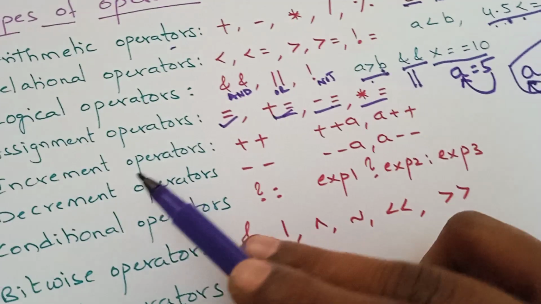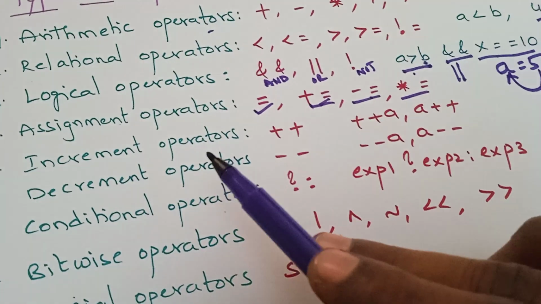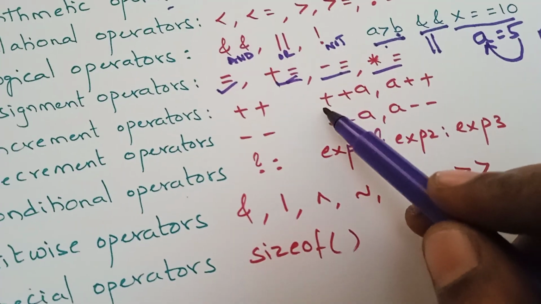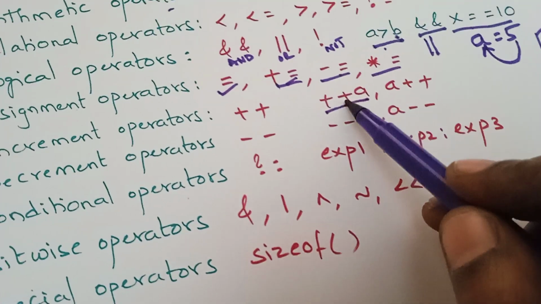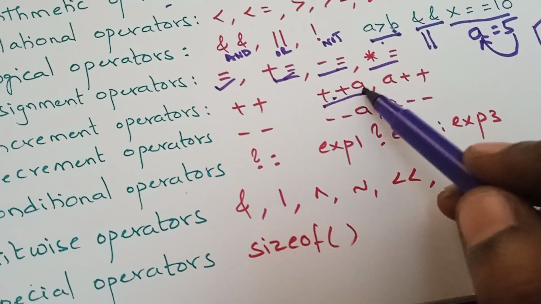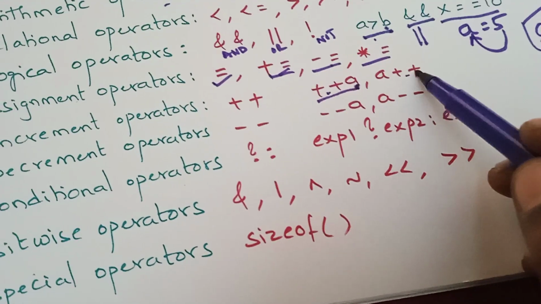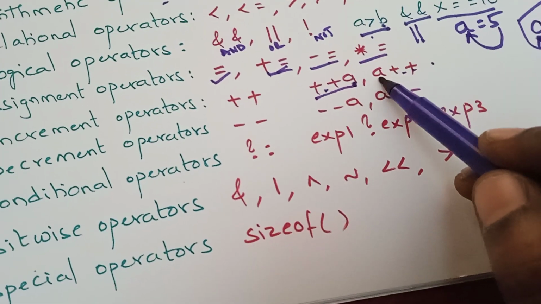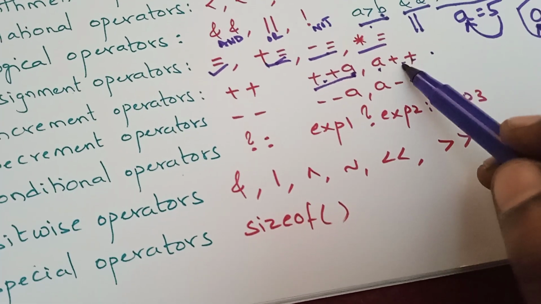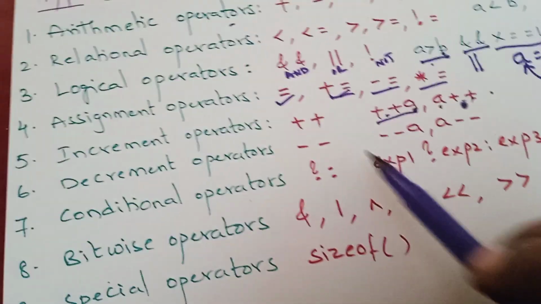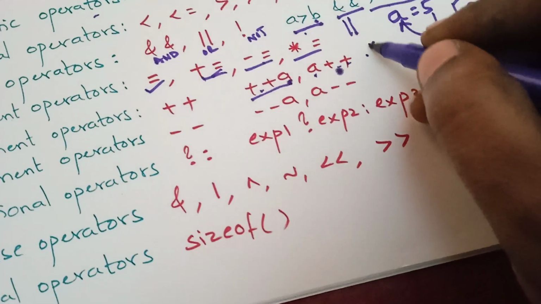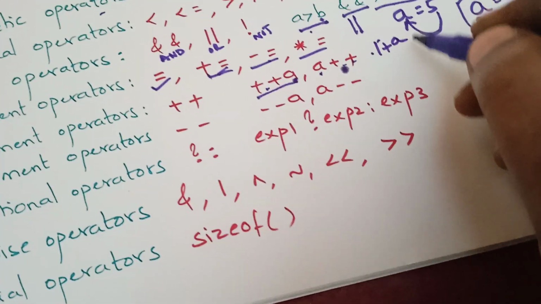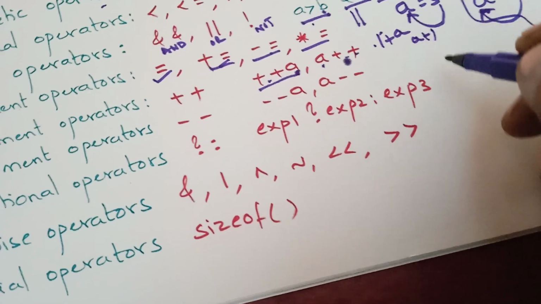And increment operators are pre-increment, that is, the value will be increased before it is used, and post-increment. The value will be increased by 1: plus plus a in the sense 1 plus a, and a plus plus in the sense a plus 1.